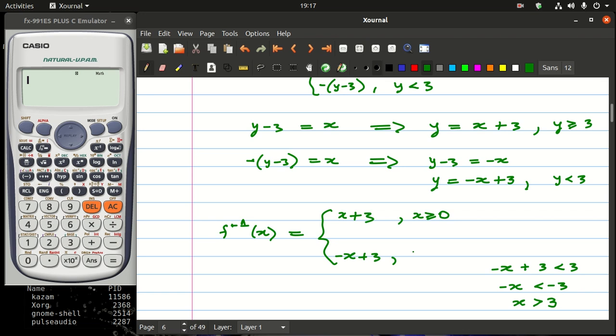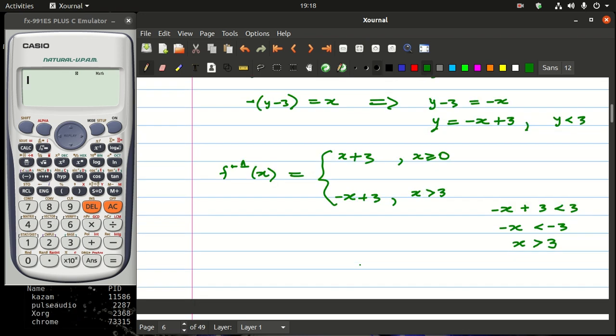So here I have x, and x must be bigger than 3 here. If x is bigger than 3, this is what is going to happen. Let's look into what this actually means.